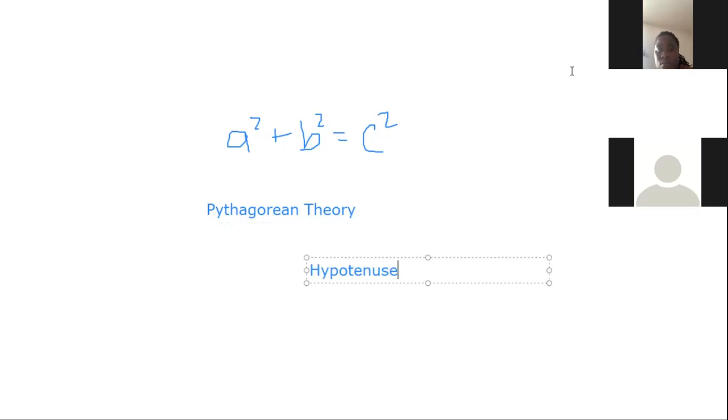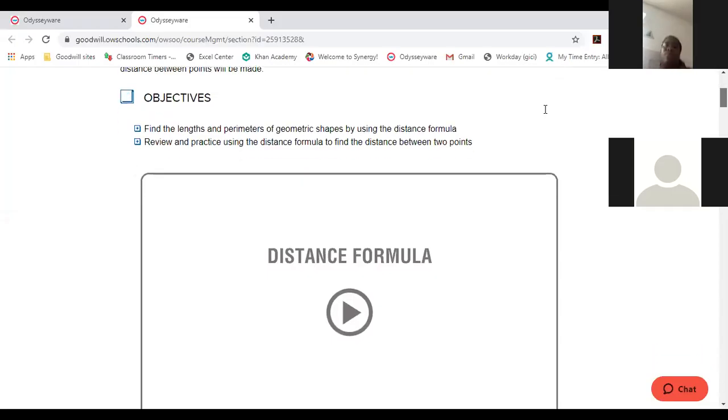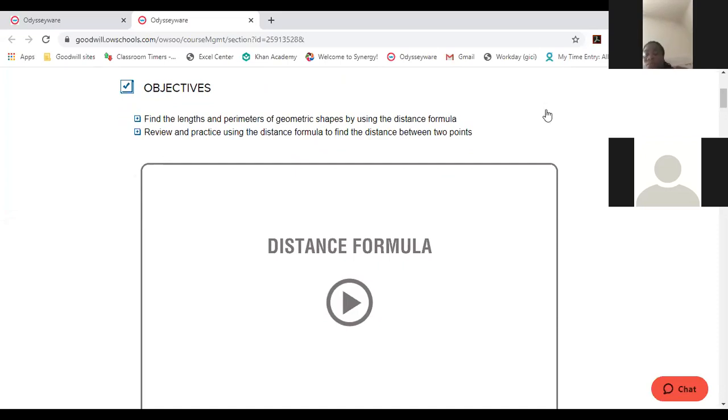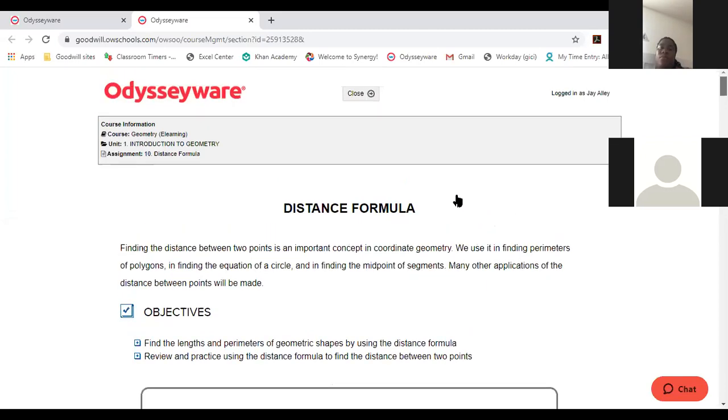Okay? So when we look at the distance formula, it is a variation of the Pythagorean theorem. Let me just go to OdysseyWare, it's got it in there. Which basically means it's solved for c. Now the lettering's different, but you'll notice that it involves the x and y coordinates.